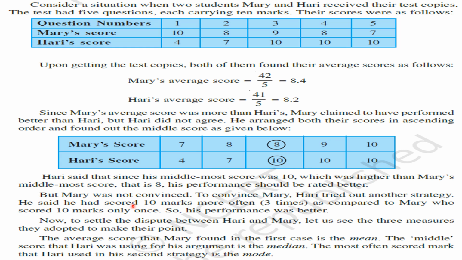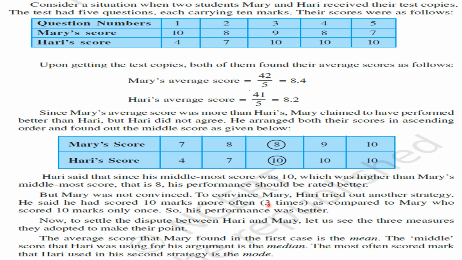Then Hari said that since his middle-most score was 10, which was higher than Mary's middle-most score, that is 8, his performance should be rated better. So he argued that his middle score is 10, but Mary's middle-most score was 8 only. So he said he got a better mark, but Mary was not convinced.